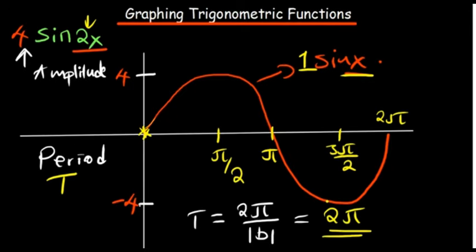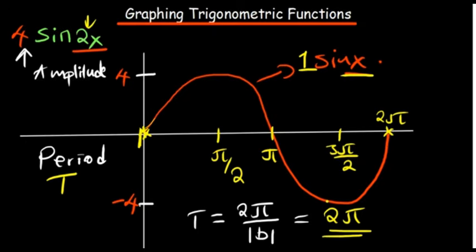So we need to have the top part as well as the bottom part, and then we get back to the initial point. That is what we're calling the period. From this point where we're starting up to the ending point for a complete full wave, that's what we're calling our period. Now what happens if we have a value of 2, like in this other case where we're saying 4 sine 2x?